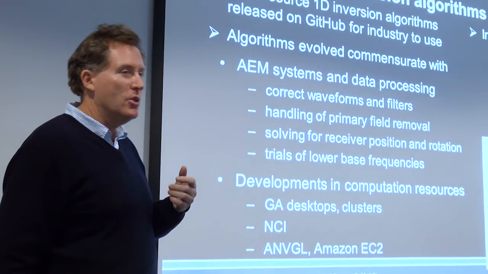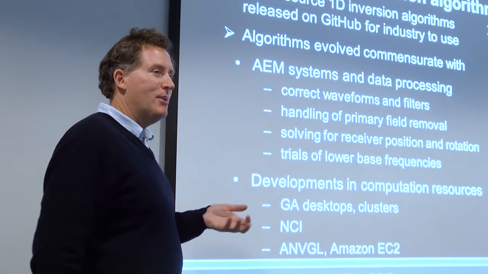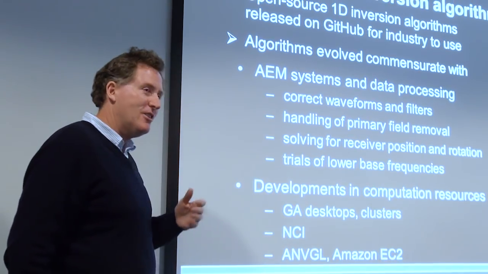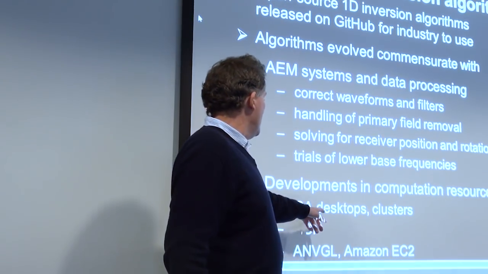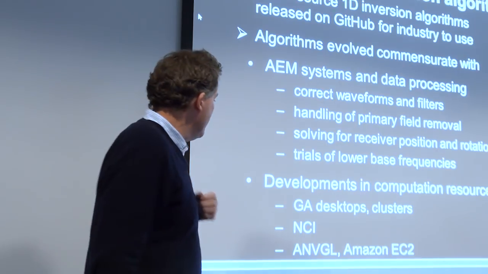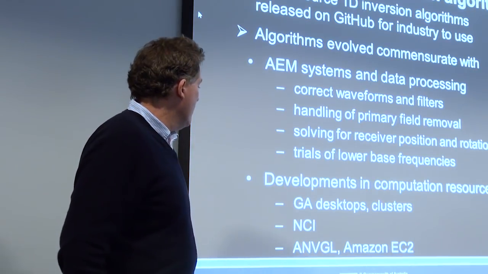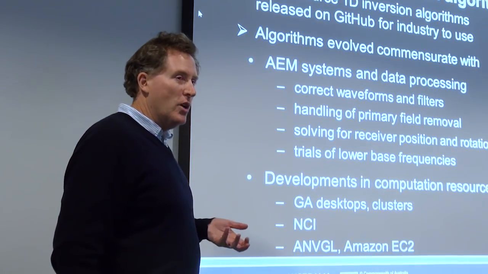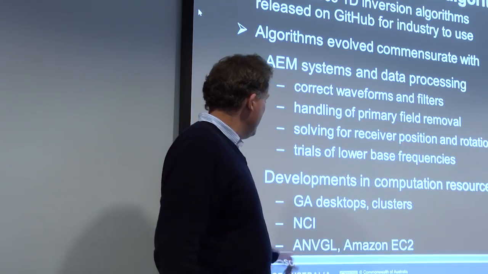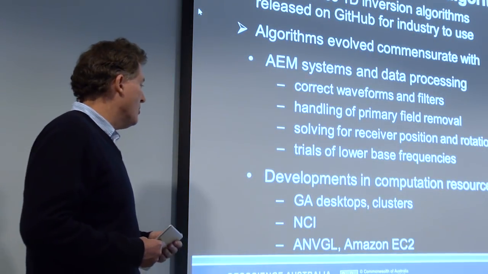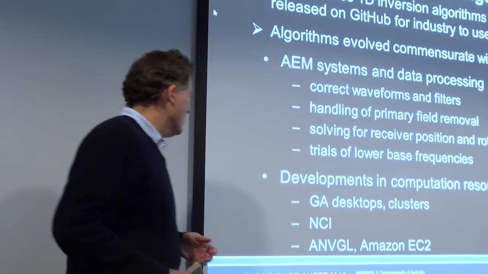When I first started doing inversion, it was a citizen science type of SETI thing where we had clustered computers, using people's desktops and offering a bottle of wine for whoever could invert the most samples, through to the GA clusters that we used to have, like Tornado and Cyclone, then onto the NCI, and then more recently, there's a lot of work gone into, David McGuinness was a big part of putting the codes on the ANVGL, the National Geophysics Laboratory, so that external users that don't have access to compute resources can use it.